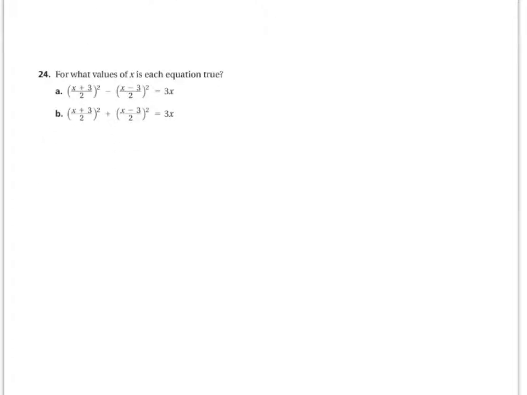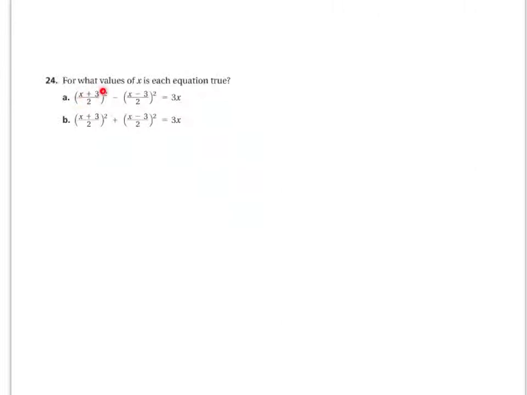24. For what values of x is each equation true? So we have this one right there: x plus 3 over 2, to the second power, minus x minus 3 over 2, to the second power, equals 3x.